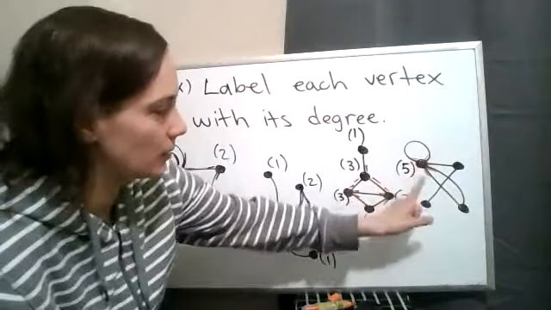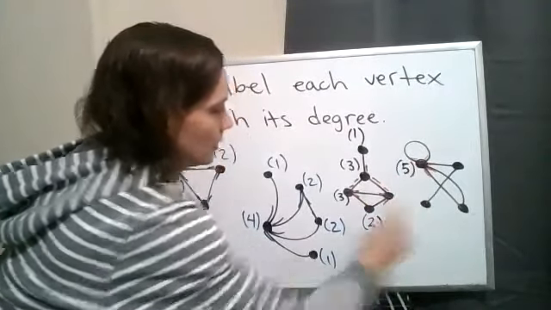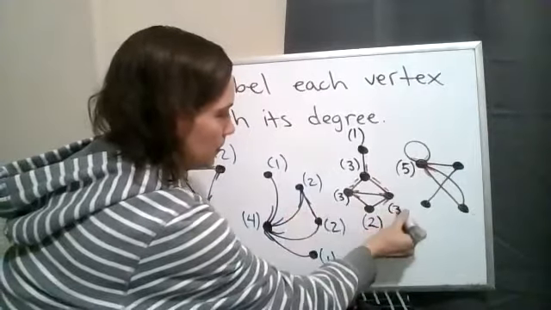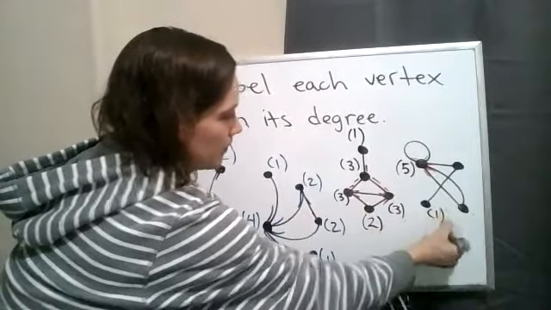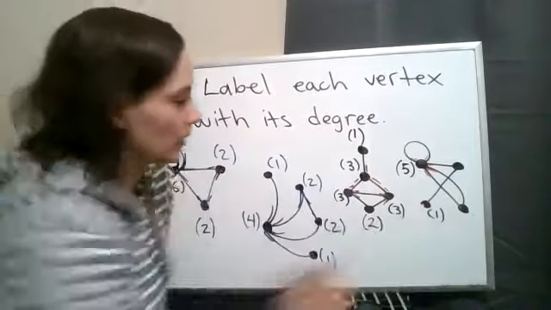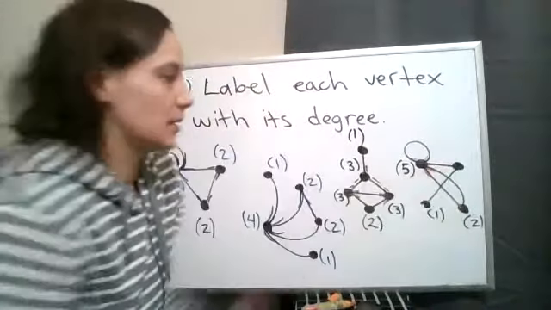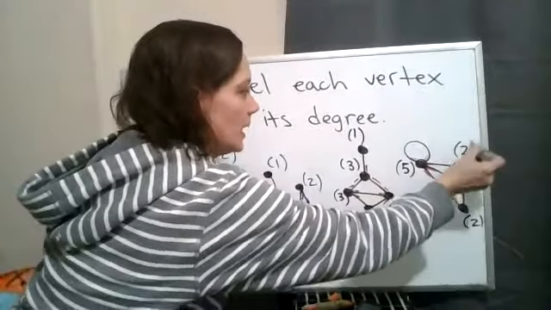Let's go down. Let me put this over. Degree 1, degree 2, degree 2. And I think we're done.